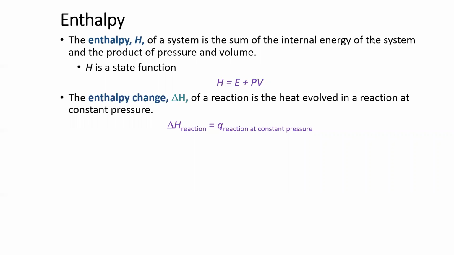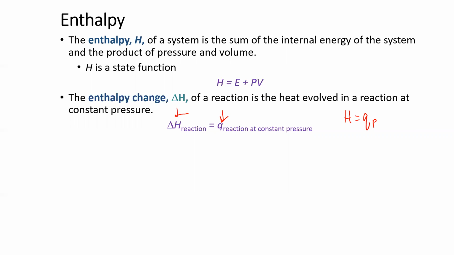What I always tell students is these are really the same thing. It's just that at constant pressure, we call heat enthalpy. So you can think of enthalpy as Q at constant pressure. And typically when we conduct our reactions, the atmospheric pressure or the external pressure is constant, right?